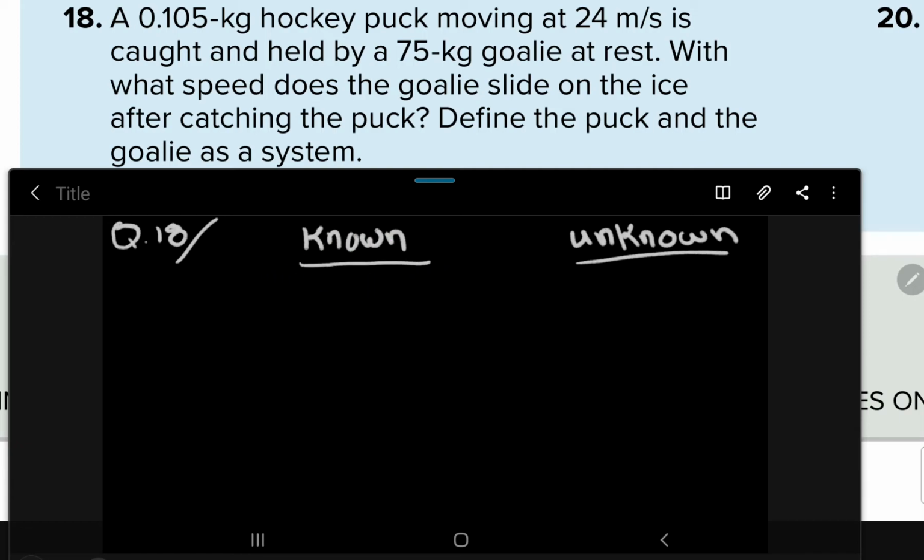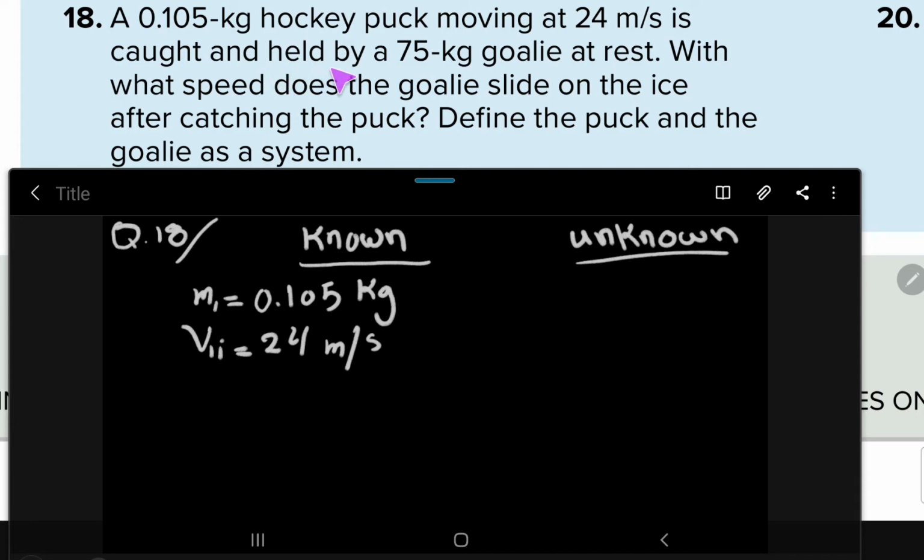From the question we have a 0.105 kilogram hockey puck. So that represents m1, the first mass, equal to 0.105 kilograms. Moving at 24 meters per second, that means the first velocity v1 initial equals 24 meters per second.